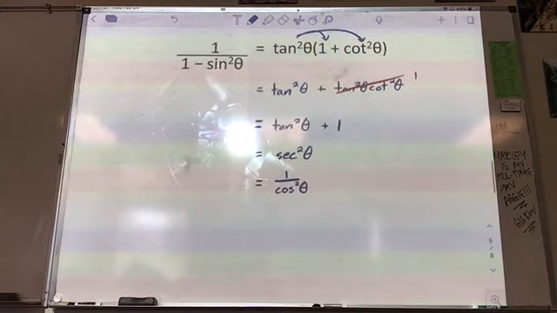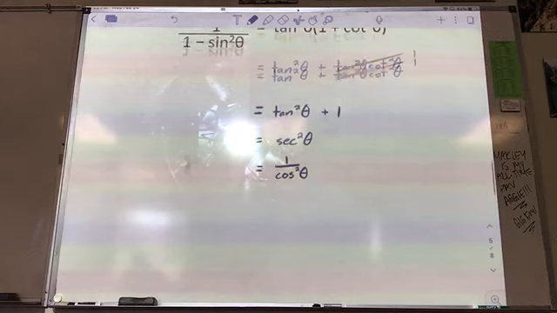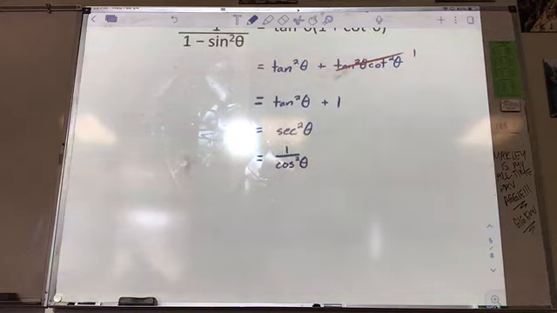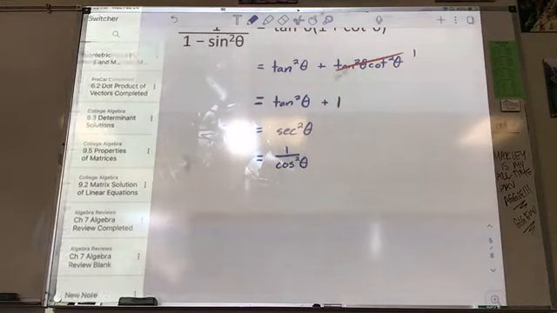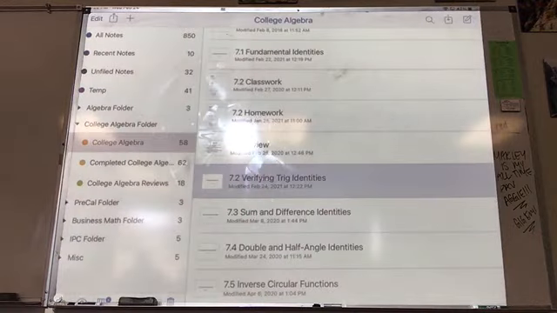We always want to keep looking at our other side. On the other side, we have a 1 over something, and here we have a 1 over something, so we're almost there. We see something squared, and if we see something squared, let's look at our Pythagorean identities. What can cosine squared turn into? 1 minus sine squared.